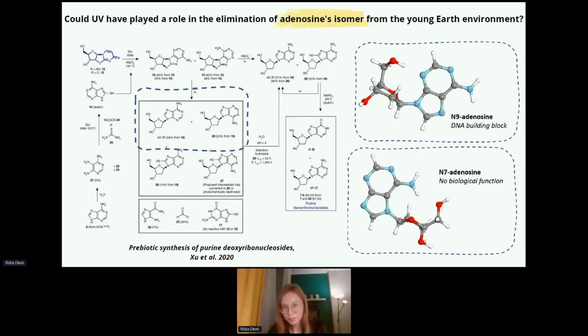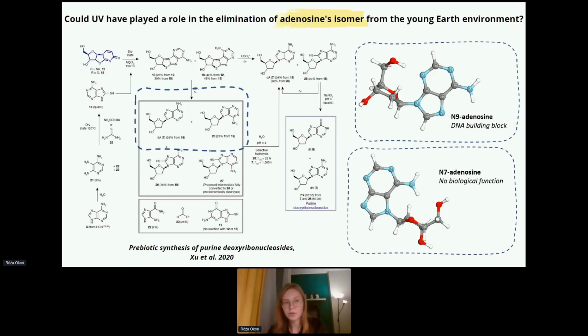They are very similar, but you can see some structural differences. These are just 2 different compounds, and one of them, the one on the top, 9-adenosine, is a biologically very important molecule because it is a building block of DNA, and the one on the bottom, 7-adenosine, does not perform any biological function.